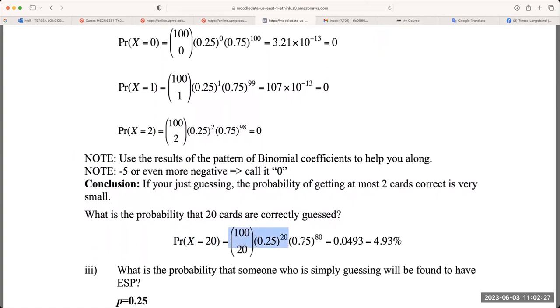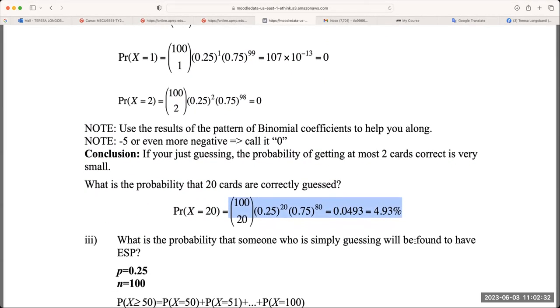So now let's punch this into our calculator. And see, it's got a 5% chance of getting 20 correct just by guessing.